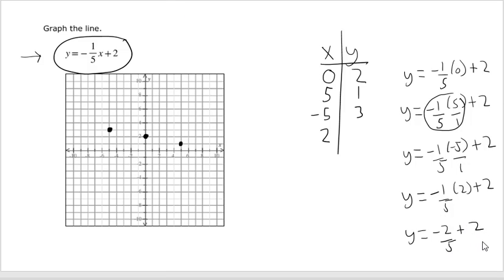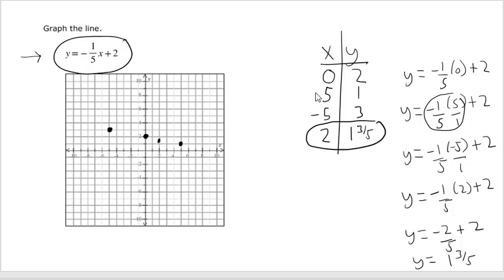And if you take 2 and you subtract 2/5, you're going to get 1 3/5 for y. So 2 and 1 3/5. So if we go to 2 and 1 3/5, we can see that would be right here. And that is still on our line, isn't it?